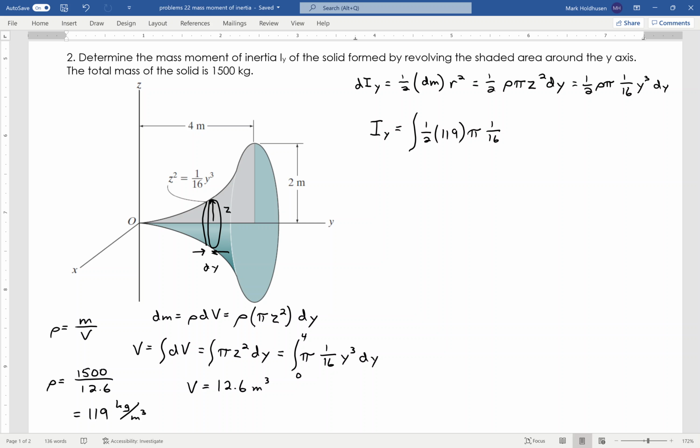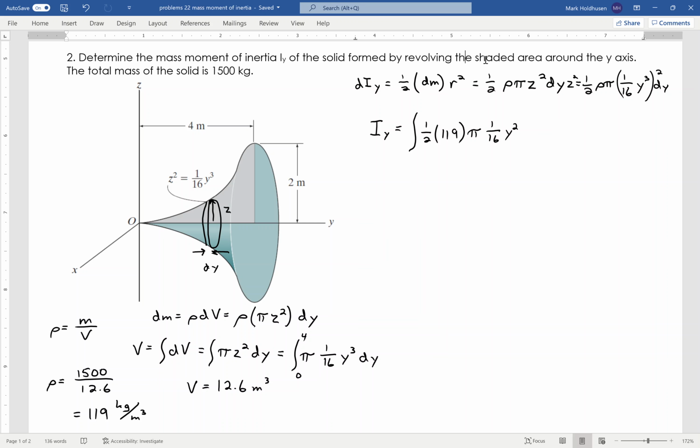you know what I forgot here? I forgot, let me squeeze it in here, r squared, where r squared, remember, is z squared. So that means all of this stuff is actually going to be squared. The reason for that is because I just had the dm in there. I need to also include this r squared value.